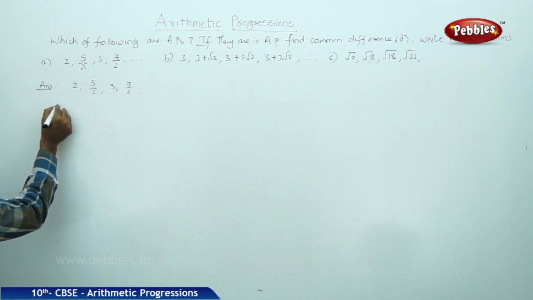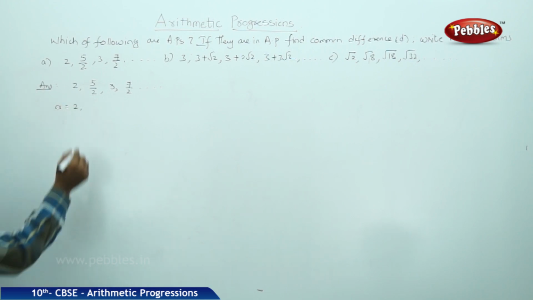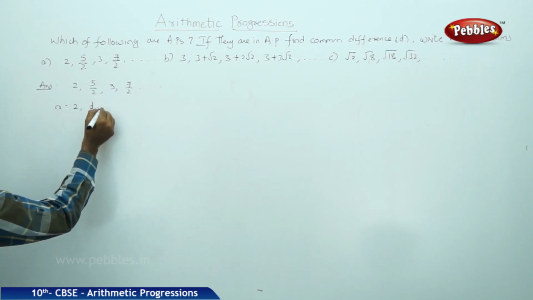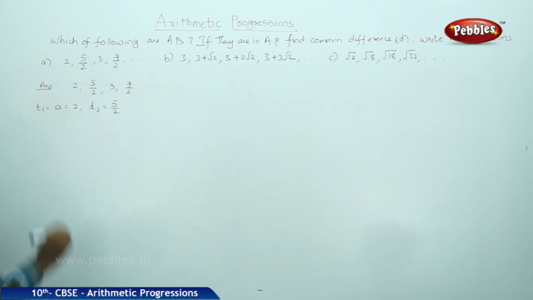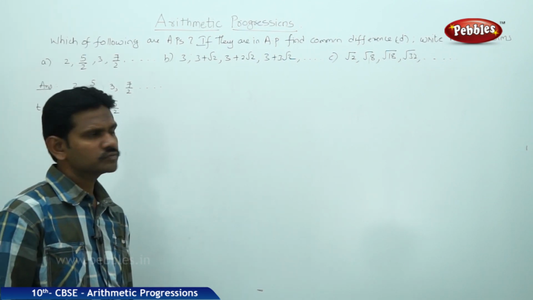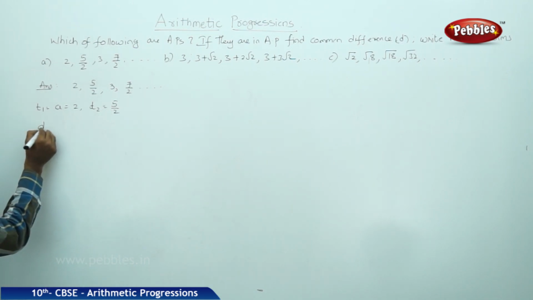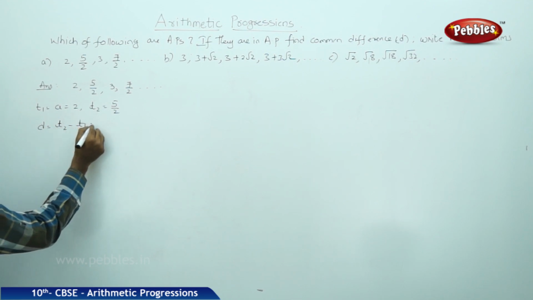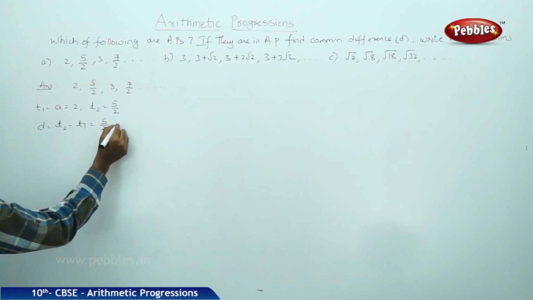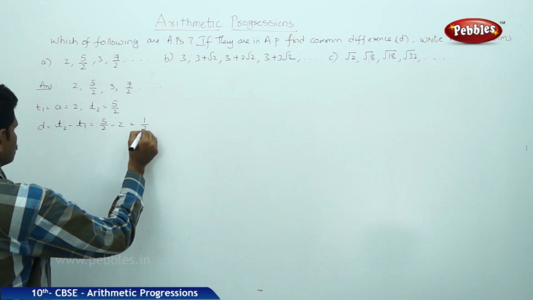Now consider the first term as A, that is 2. T1 is equal to A is equal to 2, T2 is equal to 5 by 2. Now common difference D is equal to T2 minus T1, that is 5 by 2 minus 2, that is 2 twos are 4, 5 minus 4, that is 1 by 2.